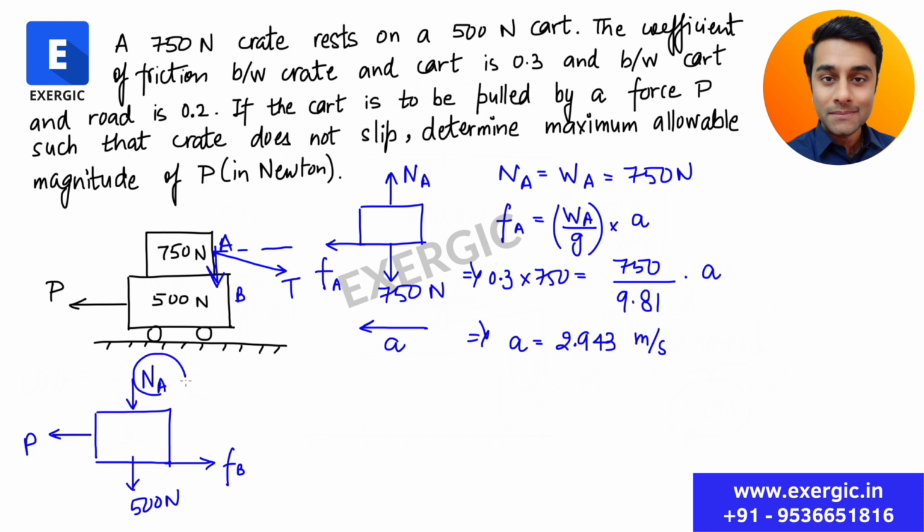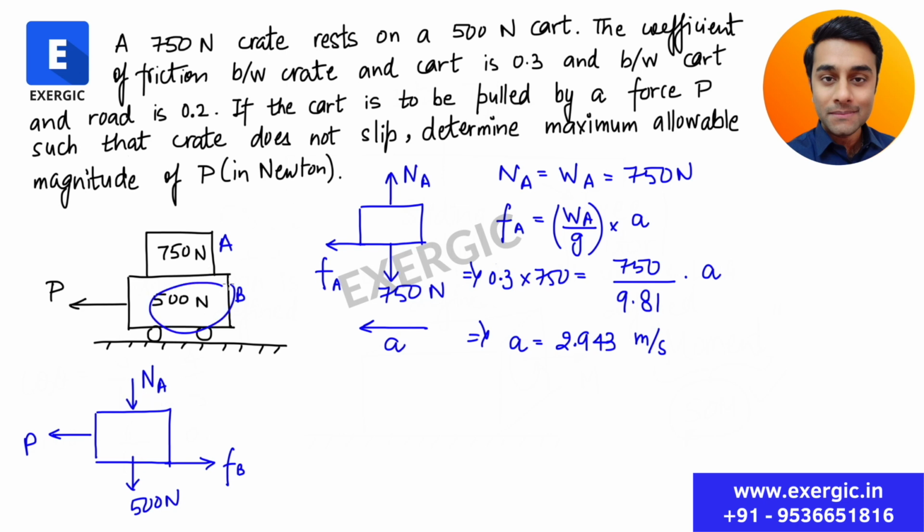So in that case, NA was not only related to W, but NA was also related to a component of T. That is why do not make this silly mistake. Some students directly think that okay, A is above B, so weight will be acting down. No, there can be some other connections also present which can affect the normal reaction. So always go with normal reaction. It is acting in the downward direction.